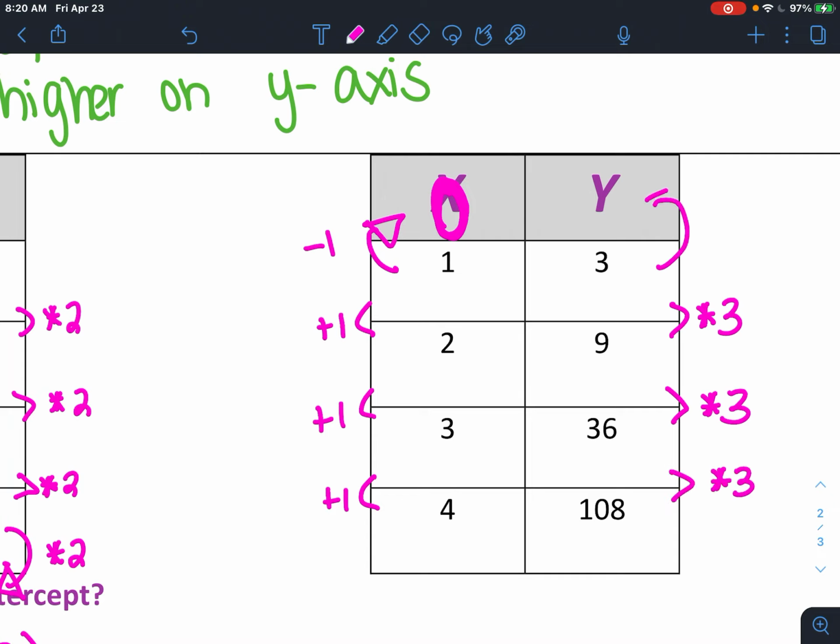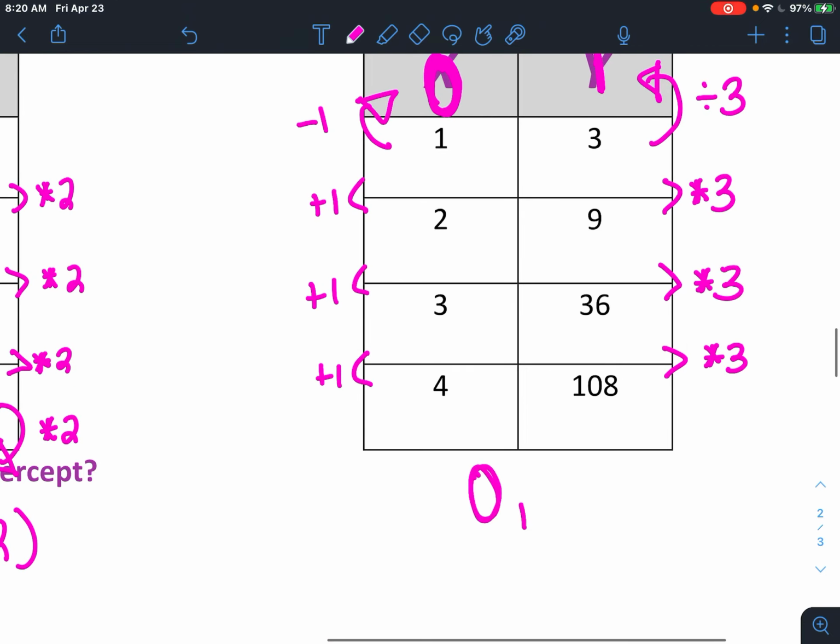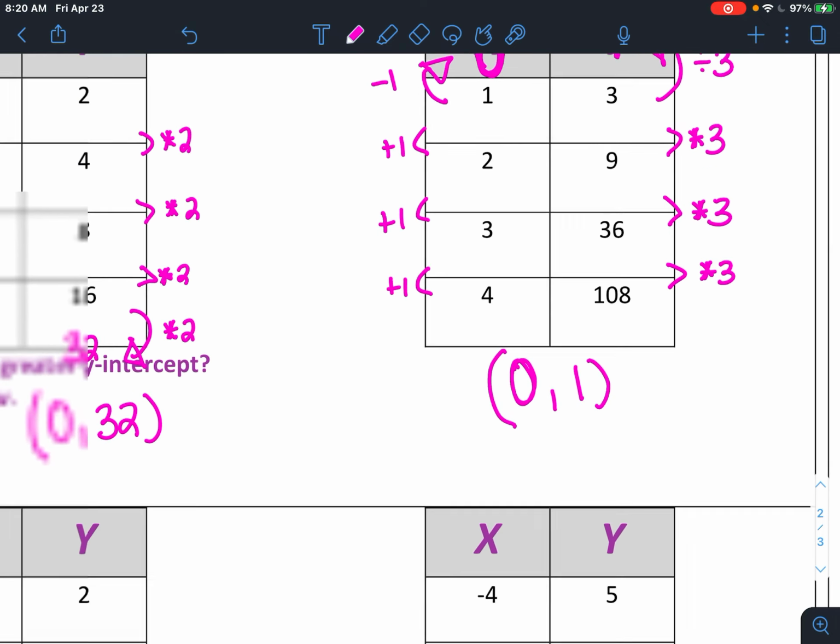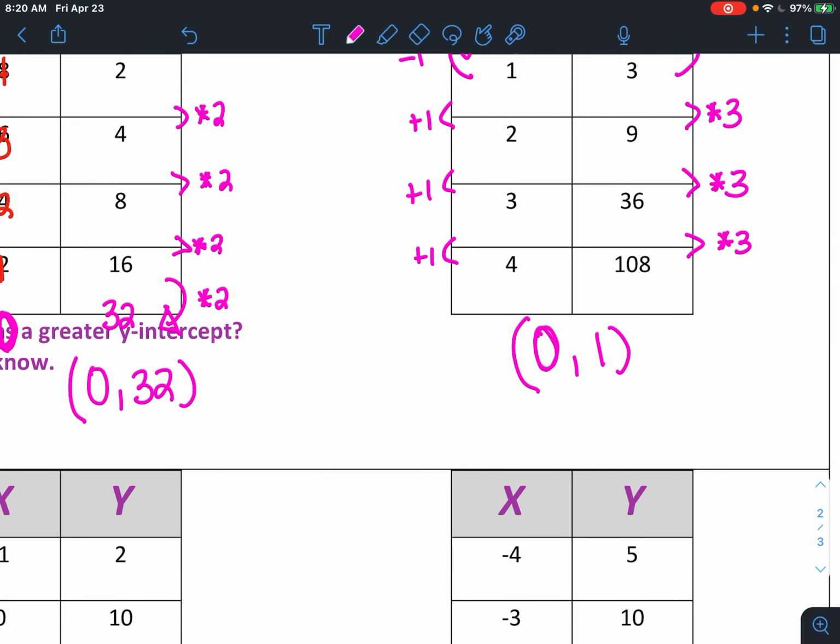If we want to go backwards, the opposite of multiplication is division. So to go up, I need to divide by 3, which would give me a 1. So this y-intercept is 0, 1. Okay, and then from there, I think you can now interpret which one has a greater y-intercept. And let me know your answer.